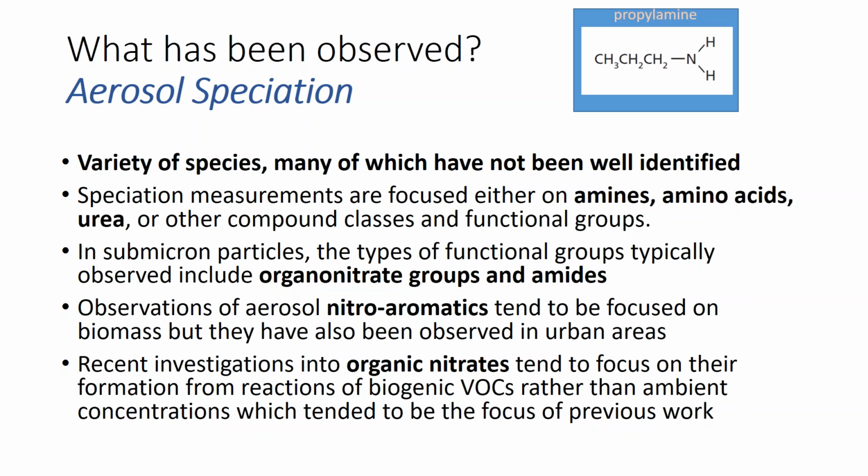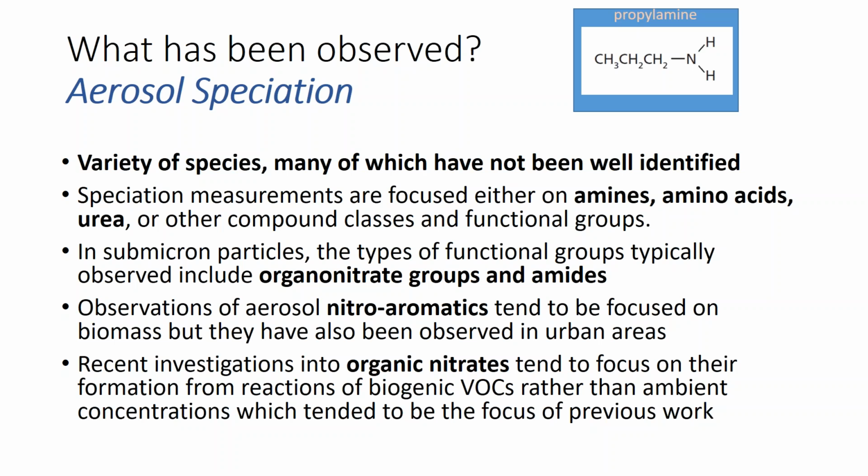They don't actually get the structural information, which really doesn't help us figure out where those organic nitrogen compounds are coming from. A lot of different types of organic compounds have been observed in aerosols, depending on the techniques used.